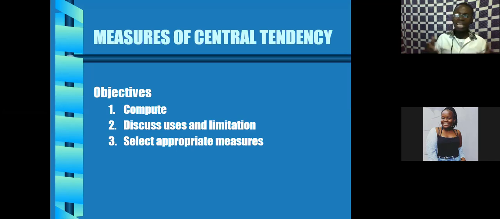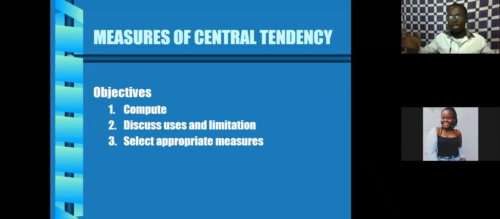What was the average value of the distribution that you had? Then the median is the midpoint. If you arrange the values in either increasing or decreasing order, then you select the midpoint, and that is what is called the median.